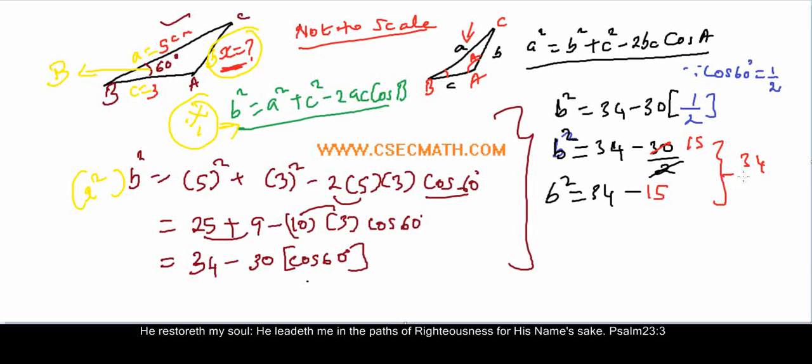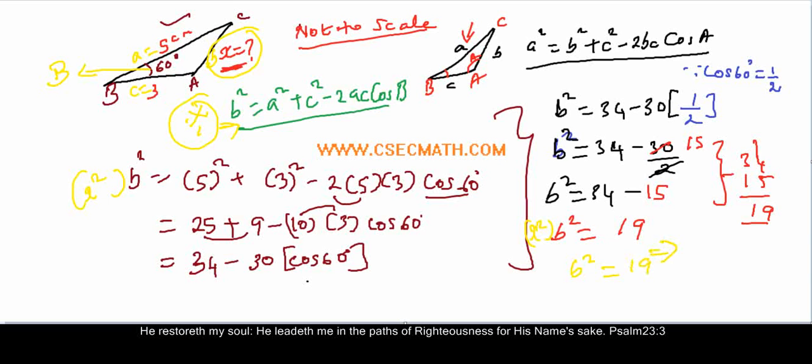So 34 minus 15 has to be obtained. That's going to be 19. So B squared is equal to 19. Actually my B squared is my x squared, so therefore x squared is equal to 19.